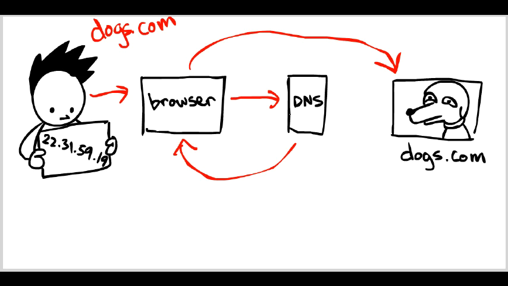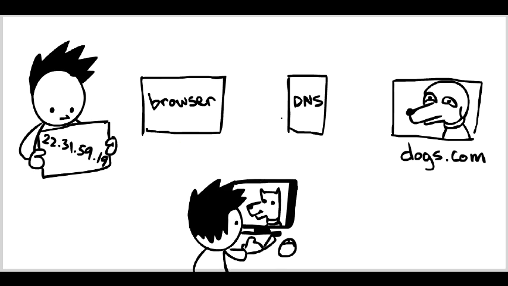And then you're able to get that page loaded on your browser. Ta-da! So in a nutshell, that's DNS, and that's how the internet works. And hopefully that was informative.